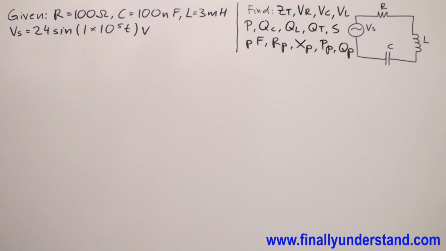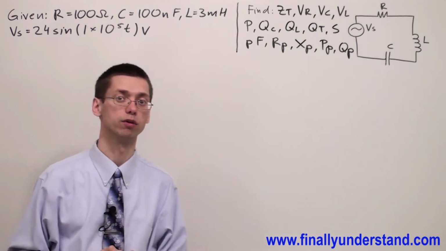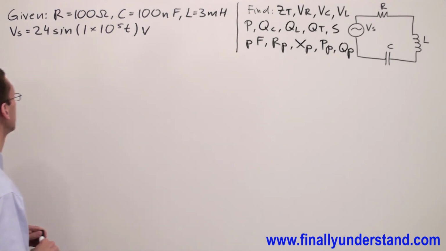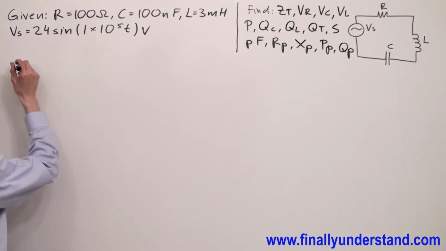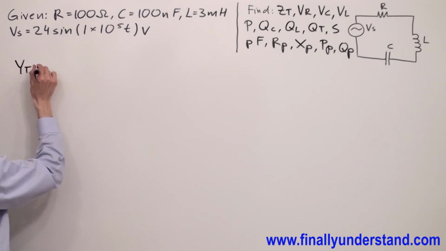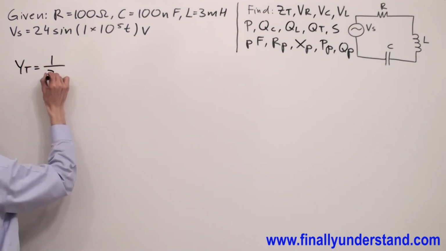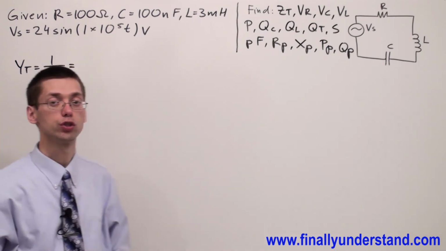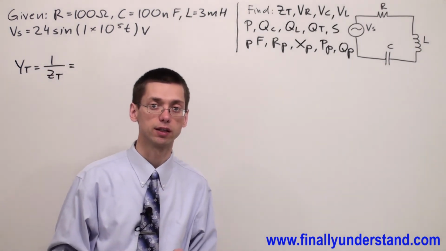Now we're supposed to find the parallel equivalent circuit. In order to do so, we're supposed to find total admittance. So the formula says Y total is equal to 1 over Z total. Now you're supposed to switch your calculator to the rectangular mode.